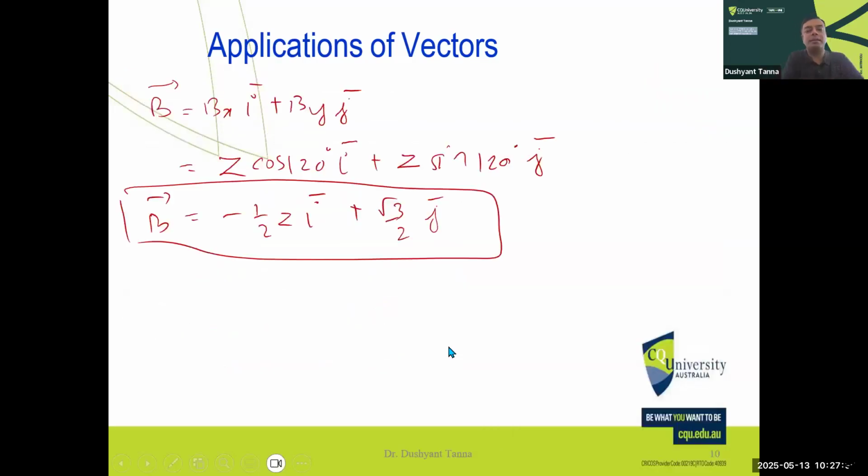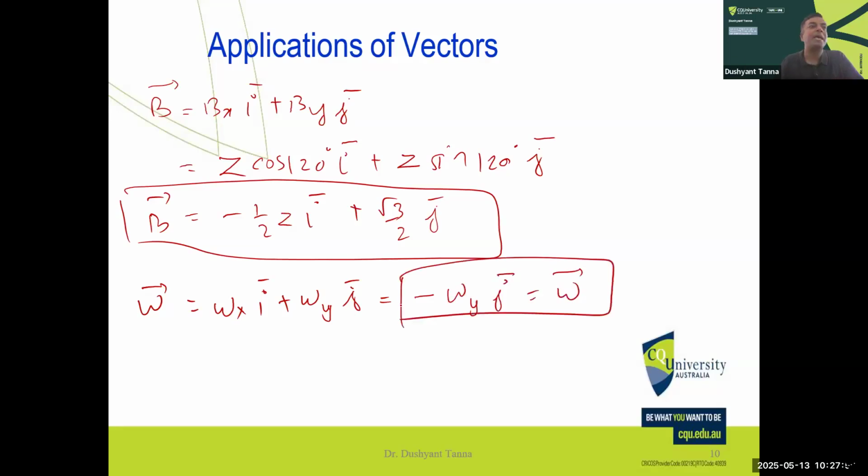So if I talk about the vector W, which is WxI, WyJ, it will not have the I component because it's straight on the negative y-axis, only negative y component. So can I say negative WyJ? That's my vector W. Okay. I got all the angles. As I said, you could have also used 270 degrees if you want, right?